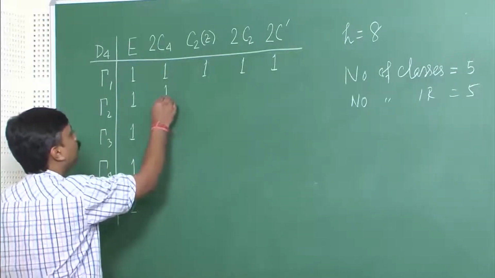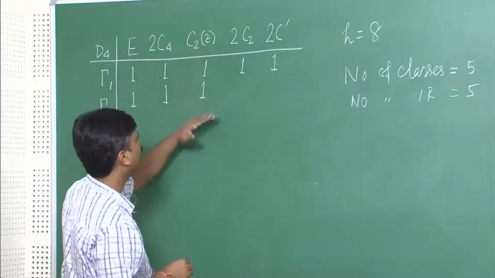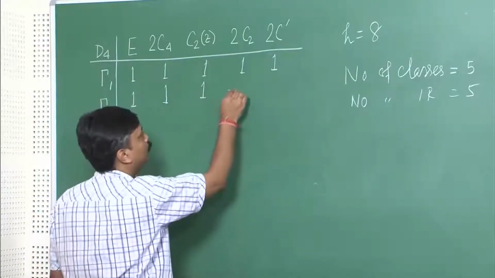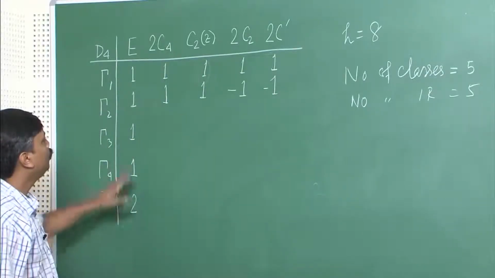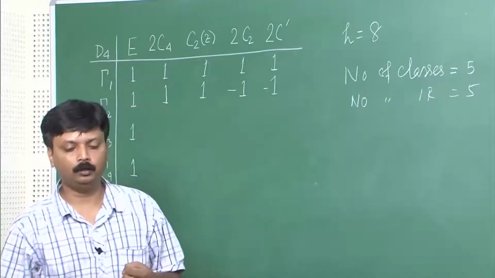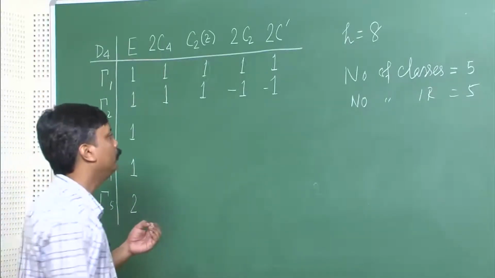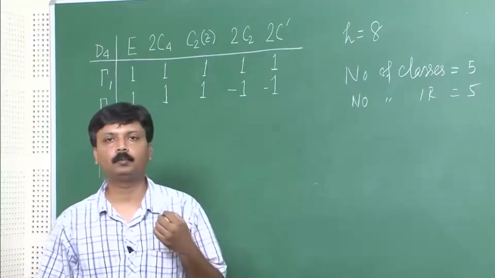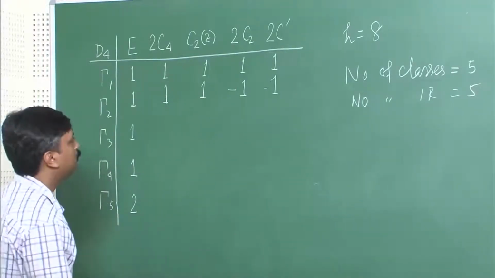If I do that, very simply I can get it. So, here I have 4 operations to which I ascribe +1, and another 4 to which I ascribe -1. This will again satisfy the clause that the sum of the squares of the characters of the IR gives you the order of the group, because the square of any negative quantity gives a positive quantity.